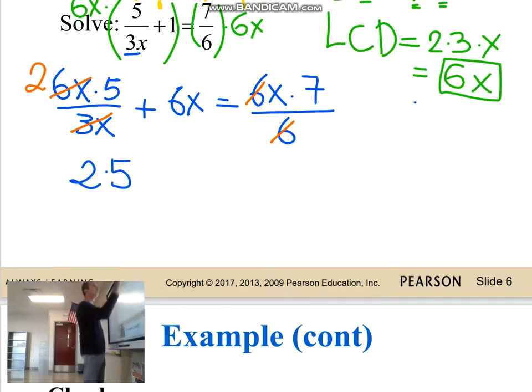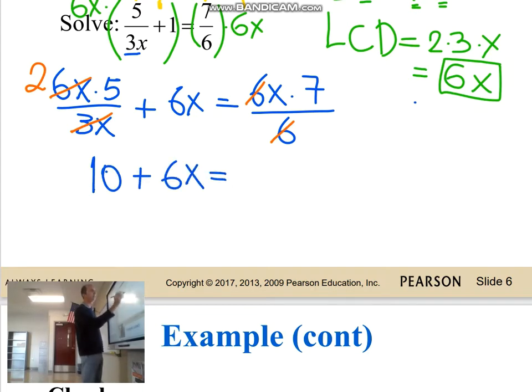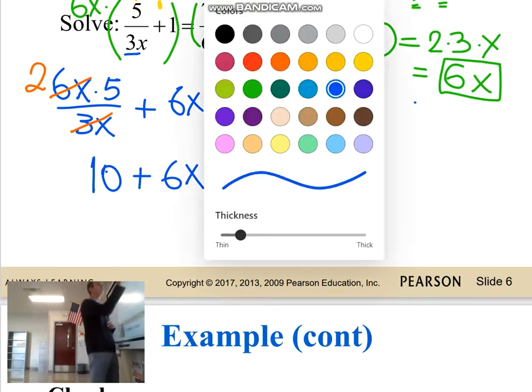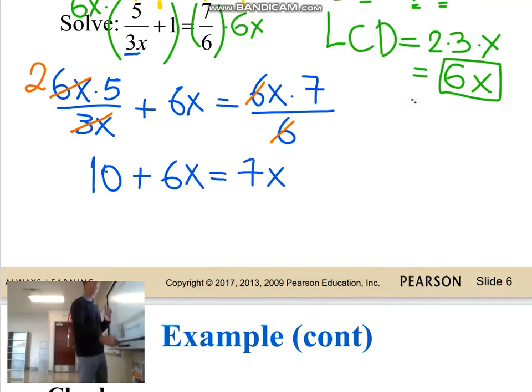Let's write the results here. 2 times 5, that's 10, right? Plus 6x equals x times 7, 7x. Look how nice. Now we have a very simple equation with no denominators, no fractions, and we can solve by using the addition property and multiplication property. We know how to do this, right?